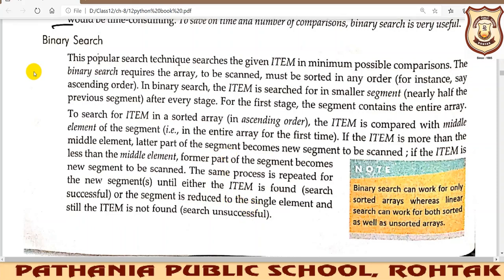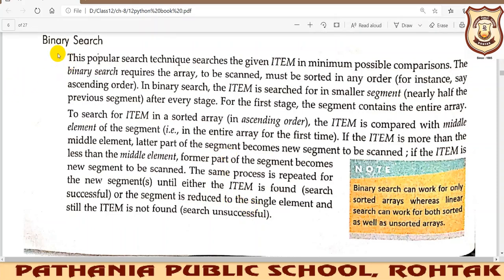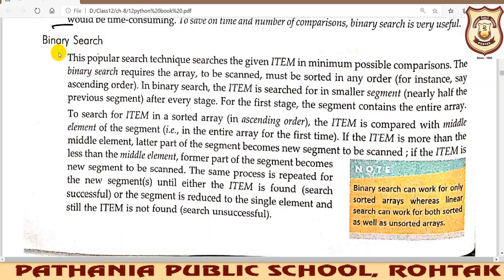Sorted means it should be arranged in ascending order or in descending order, depending upon your choice, but generally we take ascending order, though it is not compulsory. We can take the array in descending order as well.